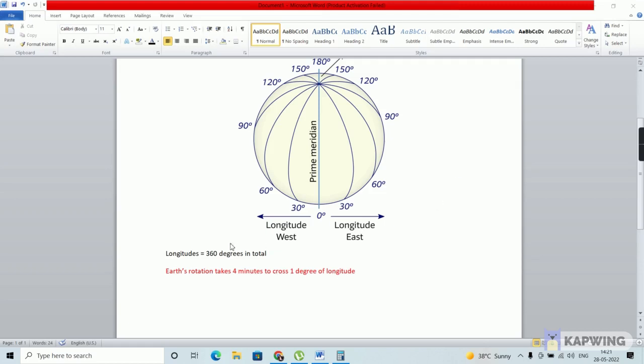If you do that, you get a value of 1440 minutes, and dividing that by 60, it is 24 hours. In this way, it is computed that the total time taken for one complete rotation of Earth is 24 hours.